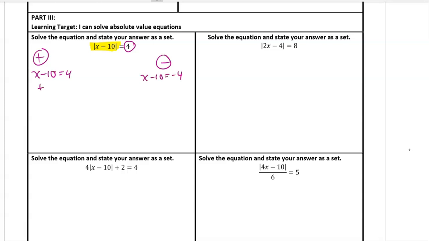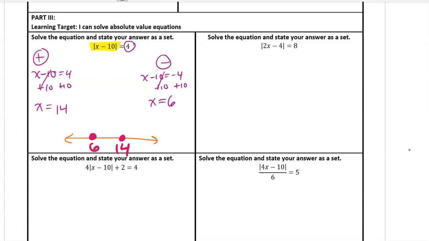Can I add 10 to both sides? All right, so here we got 4, 14, and 6. Graphing our line here. We put the smaller number first.